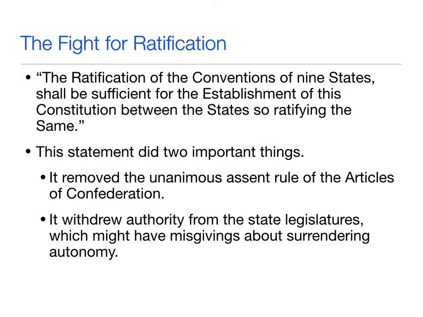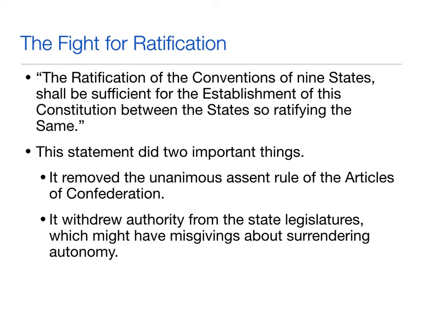Now, after they came up with a basic draft of this Constitution, there was a huge fight over getting it ratified. One of the big disagreements, even in trying to get everyone in the room to agree to the Great Compromise, i.e. the draft of the Constitution itself, is that a lot of the small states kept hammering the delegates from the larger states, saying that by giving the national government so much authority, especially compared to the Articles of Confederation, they were worried about protecting the rights of the small states.